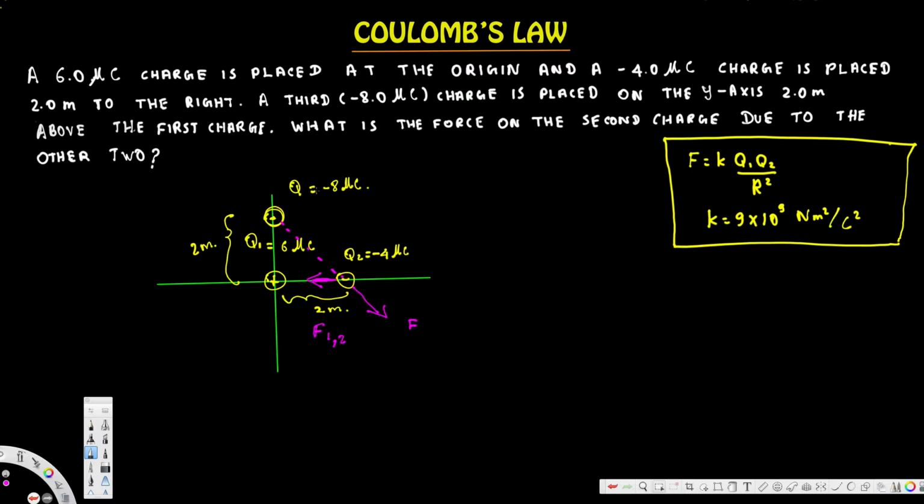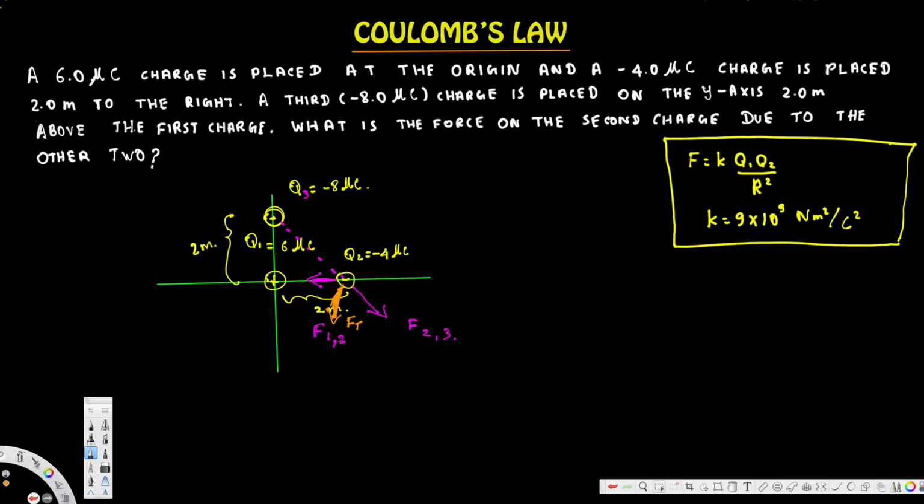Since this is the third charge, let's call it Q3, and this force F23. The total force is going to be the resultant of these two forces, somewhere here, and that's what we want to find. That's Ft.